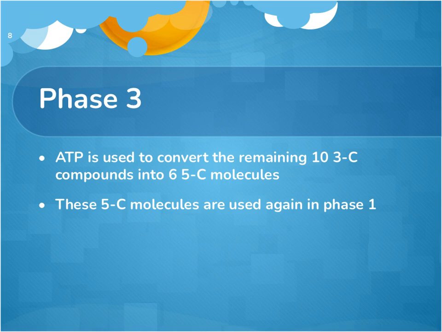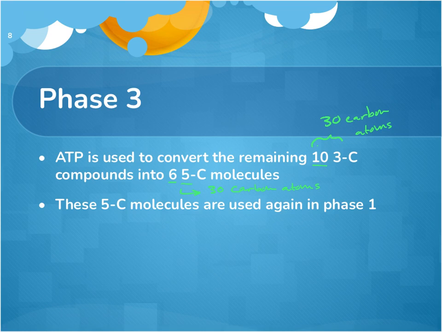In this last phase of the cycle, ATP is used to convert the remaining 10 3-carbon compounds into 6 5-carbon compounds. Essentially we're just rearranging atoms, right? We're taking 10 3-carbon compounds, which turns out equals 30 carbon atoms, and we're going to rearrange those into 6 5-carbon molecules, which incidentally is also 30 carbon atoms.